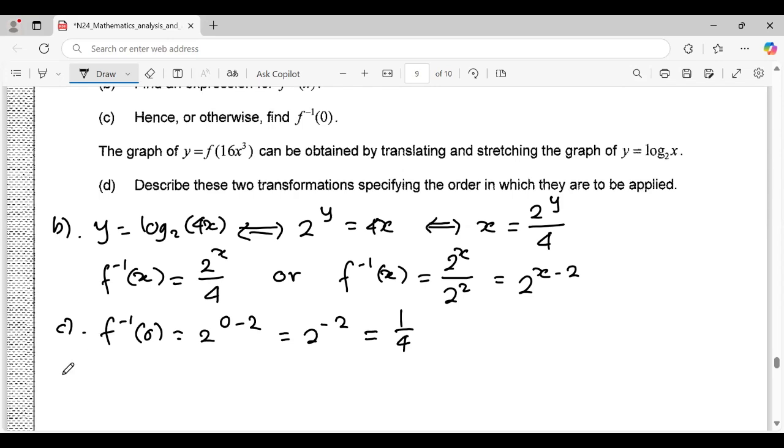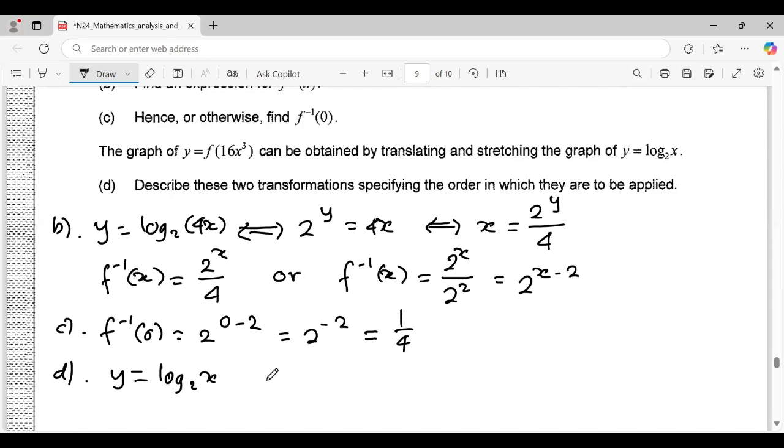Okay, part D. We start with the basic function y equals log 2x. This function passes through the point 1, 0, because if x equals 1, y equals 0. And it increases slowly for large values of x, while approaching negative infinity as x approaches 0 from the right.